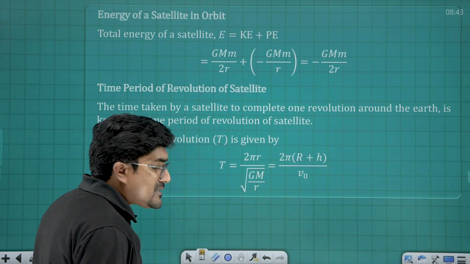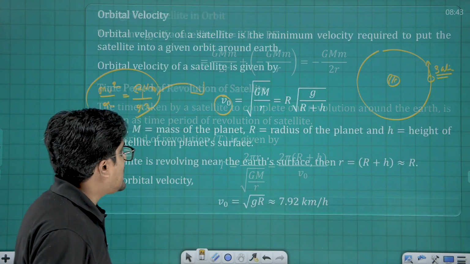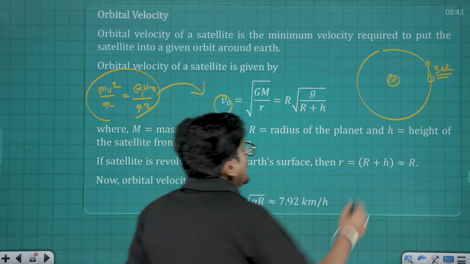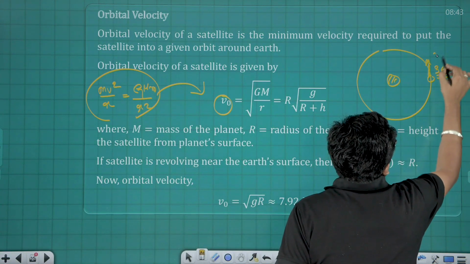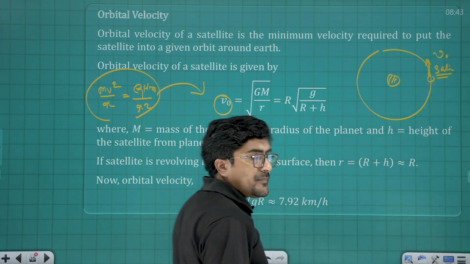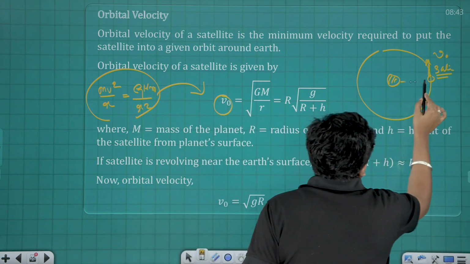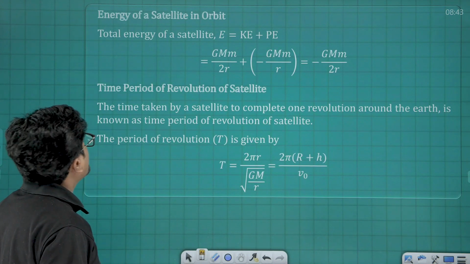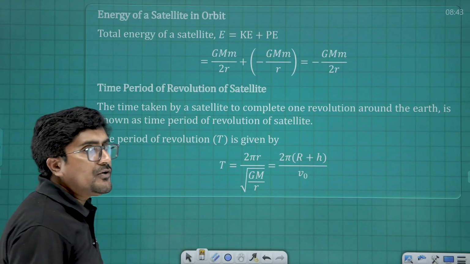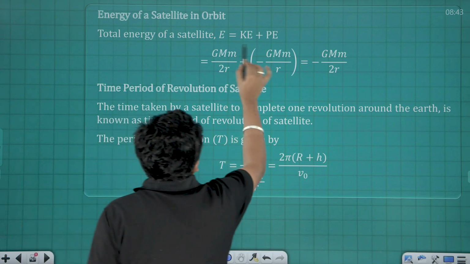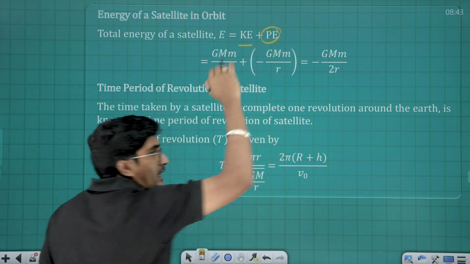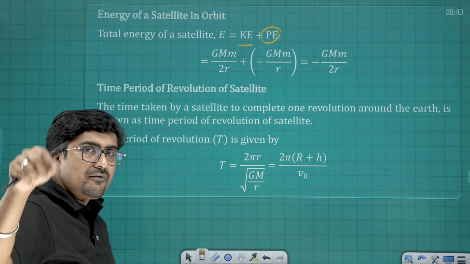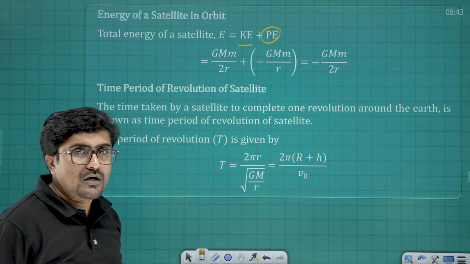While discussing the energy of the satellite, you must understand one thing. Here it is moving with a speed of v0, and it is within the gravitational field of the Earth. So while talking about the energy, we need to consider the kinetic energy because of its motion, and due to its position within the gravitational field, it will also have potential energy.